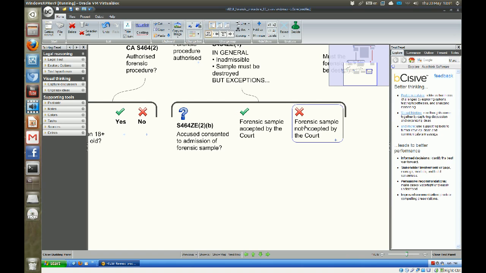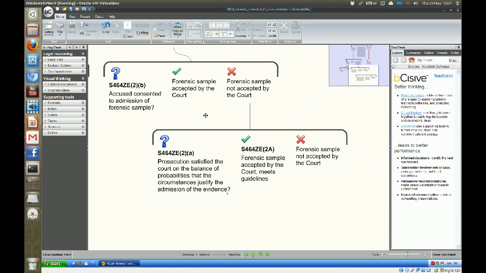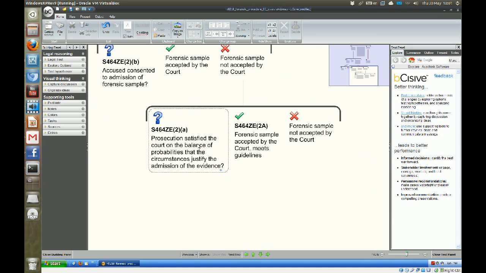But let's say it's not accepted by the accused, and therefore the court can't just go with that. Then the prosecution also has the option, pursuant to section 464ZE subsection 2A, to satisfy the court on the balance of probabilities that the circumstances justify the admission of the evidence. And if that is the case, then the court will admit the evidence even though it's technically inadmissible.